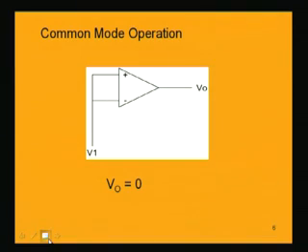Now, if we consider another mode, known as common mode, the OpAmp has the same input voltage Vi applied to both input terminals. If this is so, then the output voltage will be 0, because V1 minus V2 is 0, since V1 is the same as V2. So, ideally in the common mode of operation we should get 0 voltage at the output.